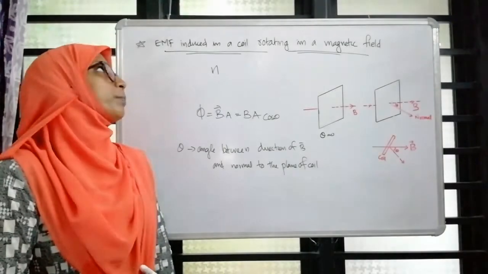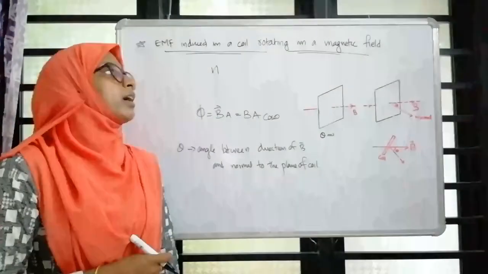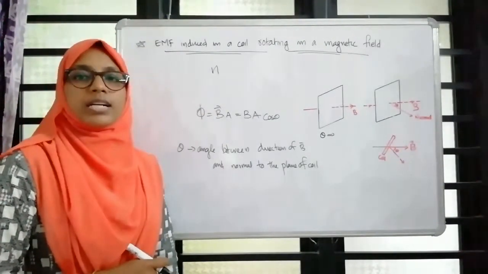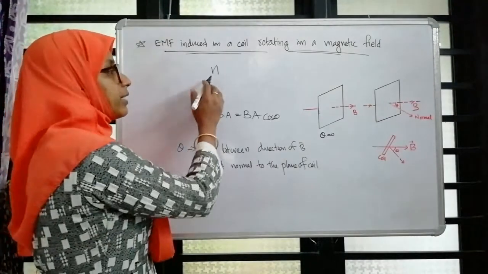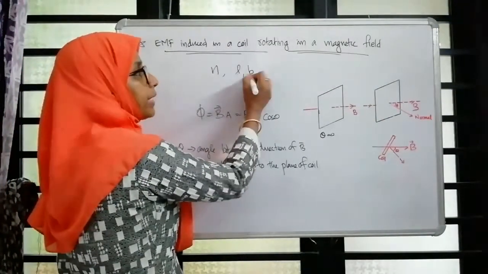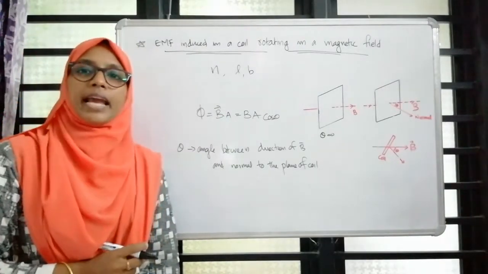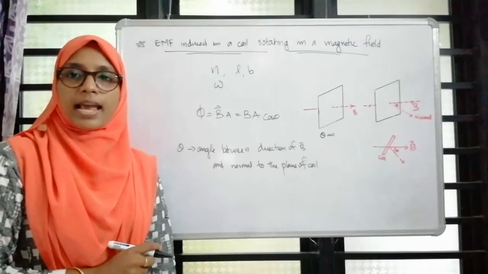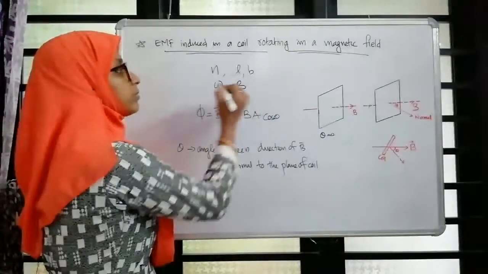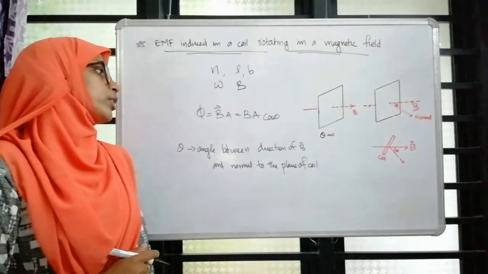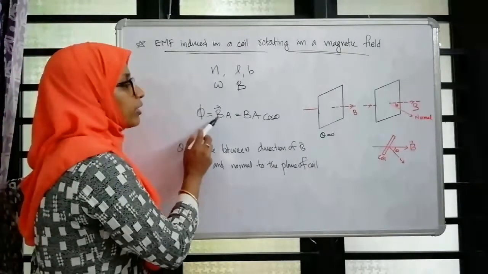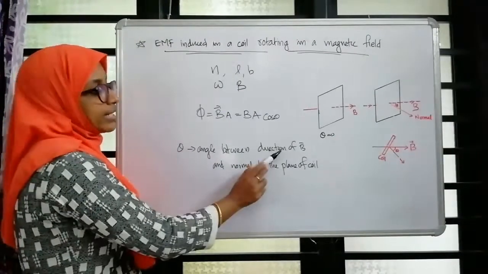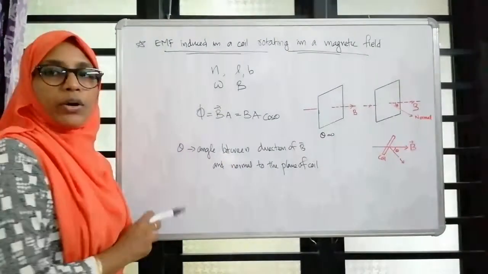Now we can discuss the topic, the alternating EMF induced in a coil which is rotating in a magnetic field B. To explain this, consider a rectangular coil having N turns and length L and breadth B, which is rotating with an angular velocity omega about its axis in a magnetic field B. So we know the magnetic flux linked with that coil is phi is equal to B dot A, that is BA cos theta, where theta is the angle between the direction of B and the normal to the plane of the coil.